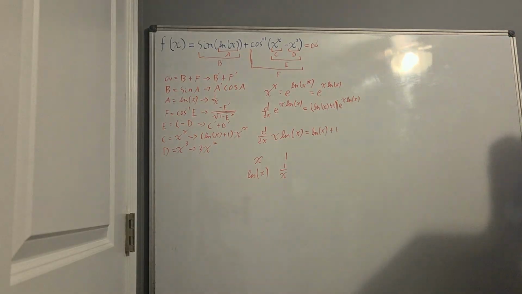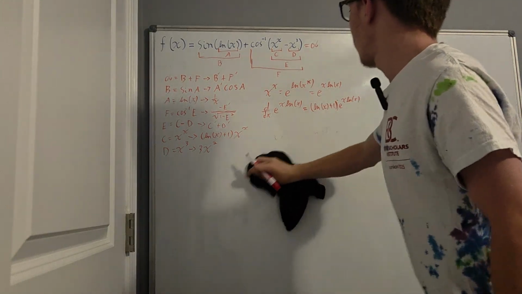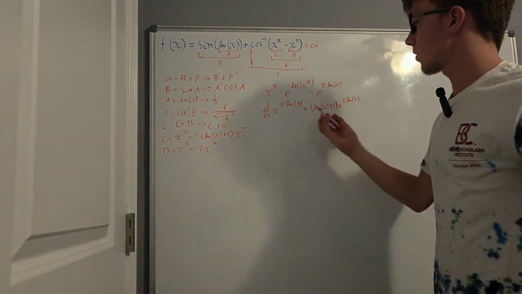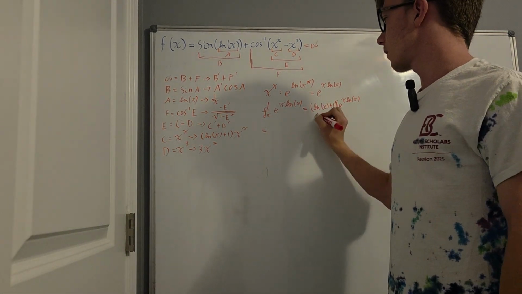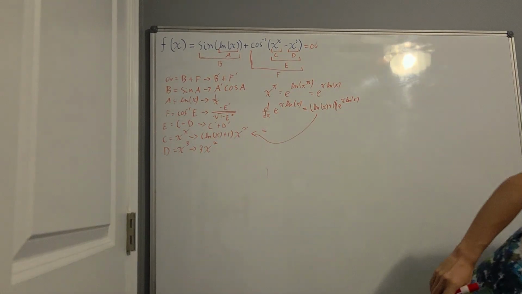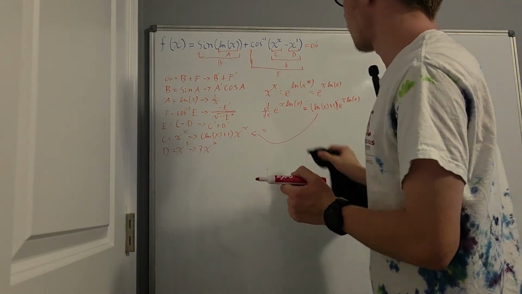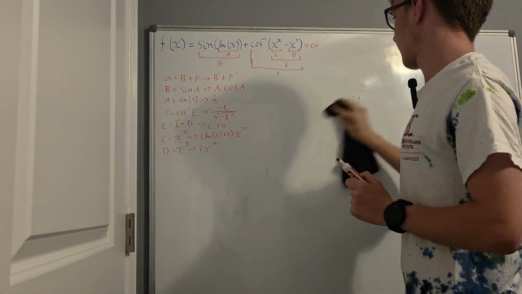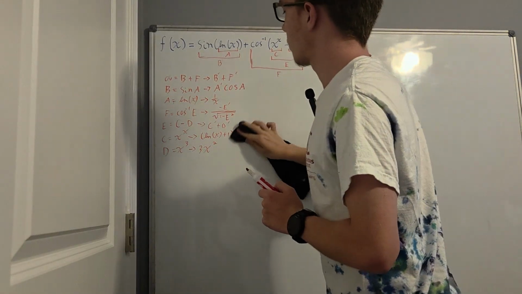Now, if you remember, e to the x ln x is equal to x to the x. So we can just simplify this down to ln of x plus 1 times x to the x. You can leave it as e to the x ln x. That's also perfectly valid. But I like simplifying. It just looks nice.